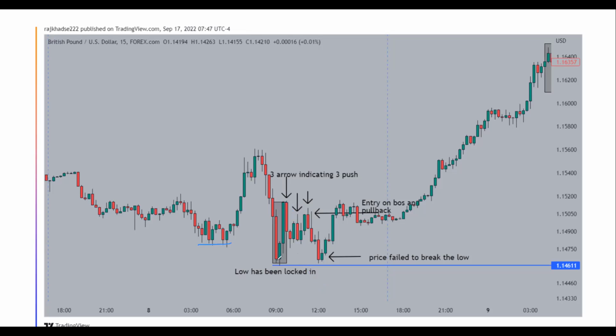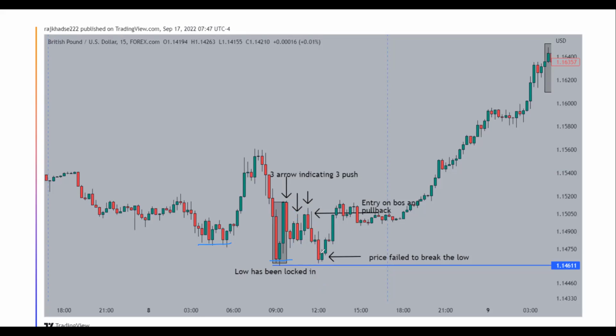After confirmation here, where the low has been marked, this is the first push into the low, right? This is the second push into the low, and this is the third push into the low, right? But what are we saying here?